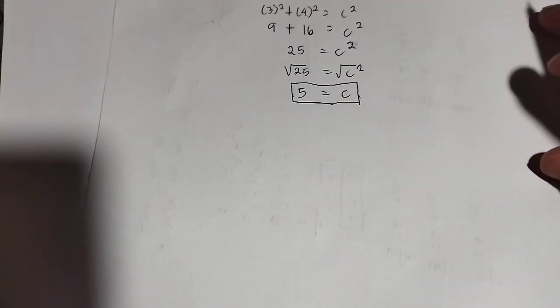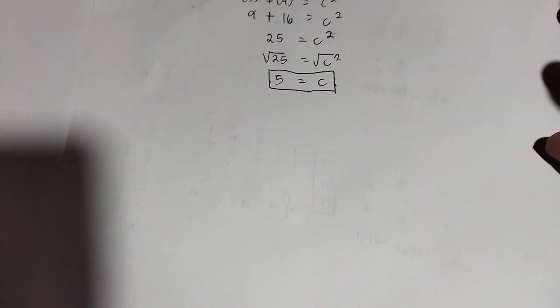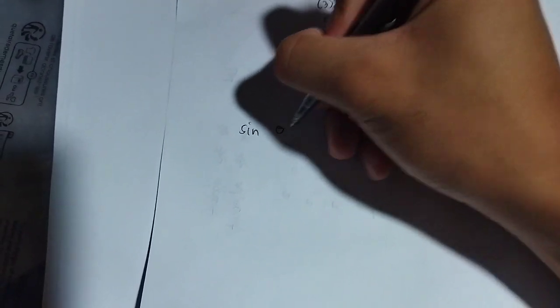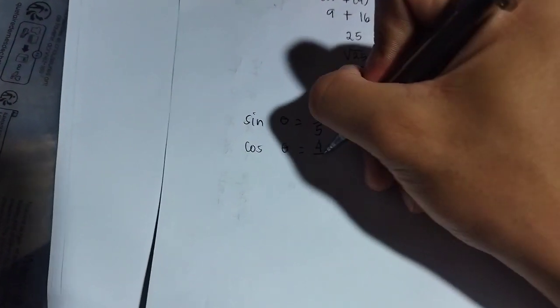At this time, let's find the value of 6 trigonometric functions. So first we have sine theta is equal to 3 over 5. Cosine theta is equal to 4 over 5.